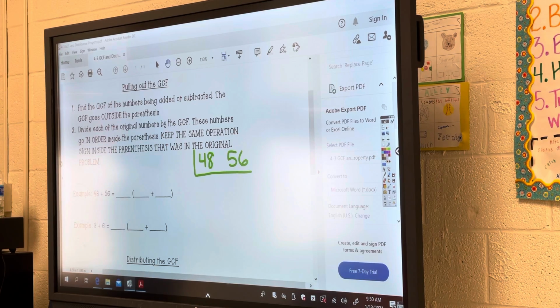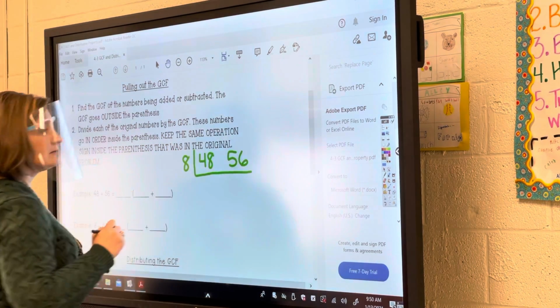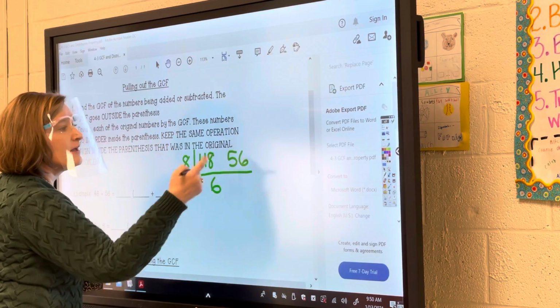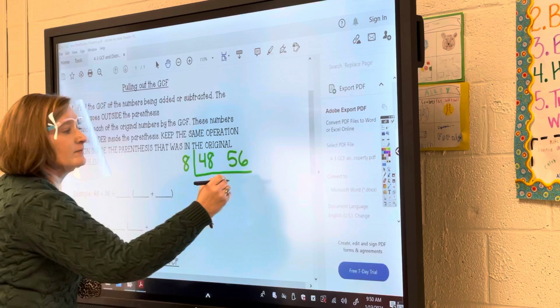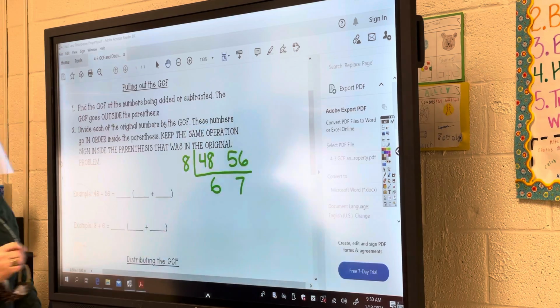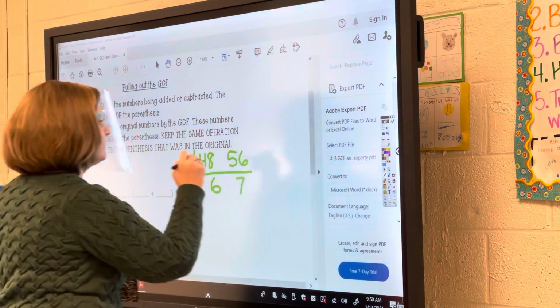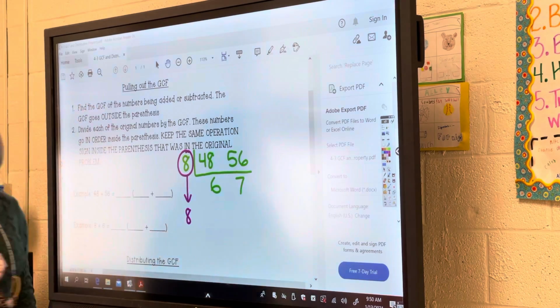What can I divide 48 and 56 by? 8. 48 divided by 8 is 6. 56 divided by 8 is 7. Can we go any farther? No. So what is my GCF? My GCF is 8, okay?